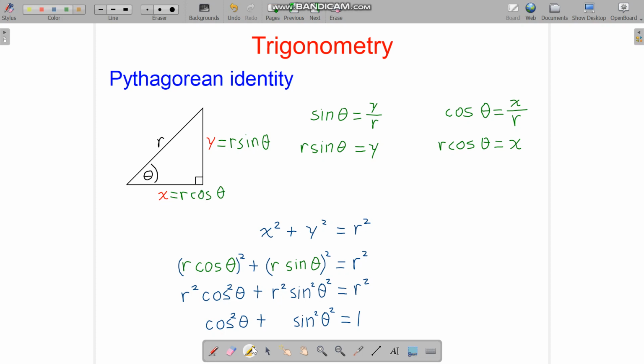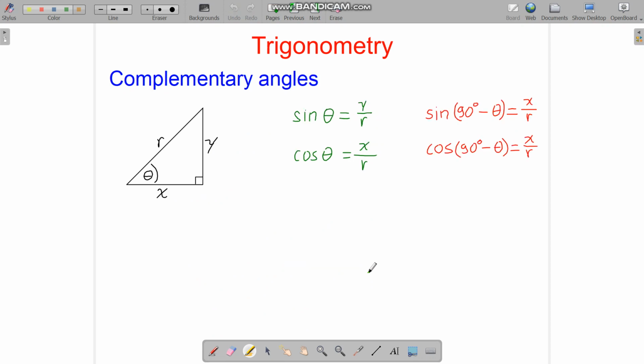Now using the Pythagorean theorem, x squared plus y squared equals r squared, but x is r cos theta and y is r sine theta, and we get r squared cos squared plus r squared sine squared. Divide throughout by r squared, we cancel out everything, and we get the Pythagorean identity.